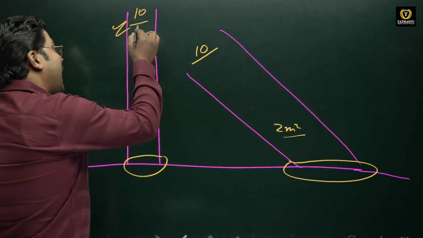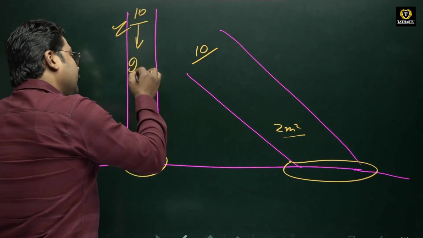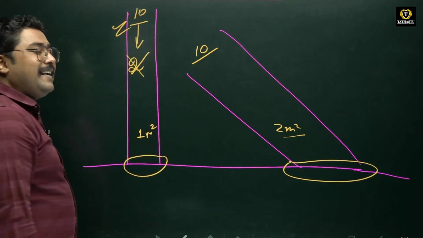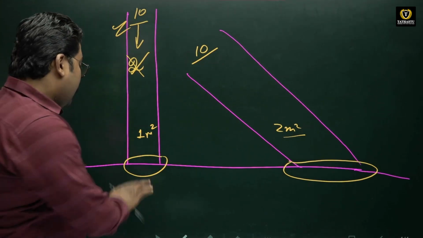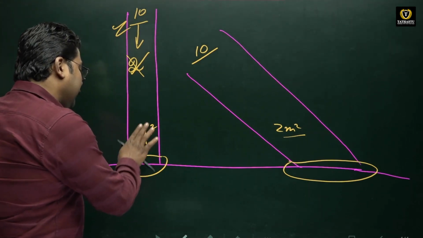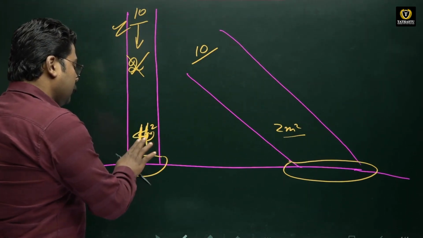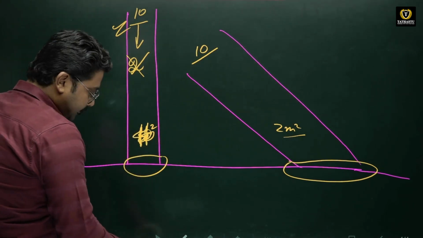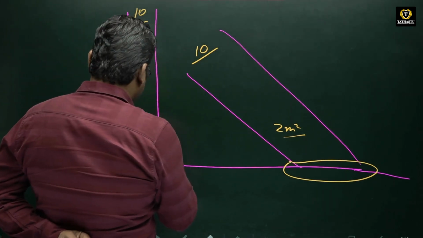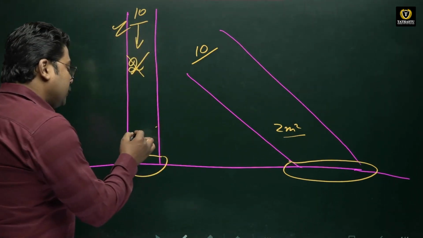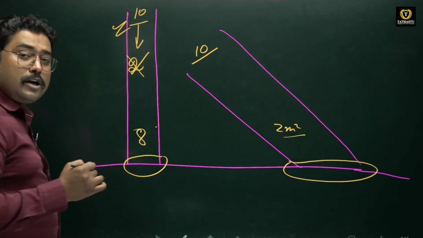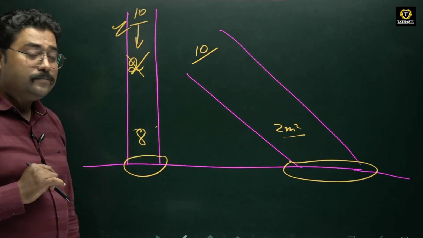So suppose out of this 10, there is a loss of 2 units of energy on the way. Now when there is a loss of 2 units, ultimately how much will come to the surface? 8.